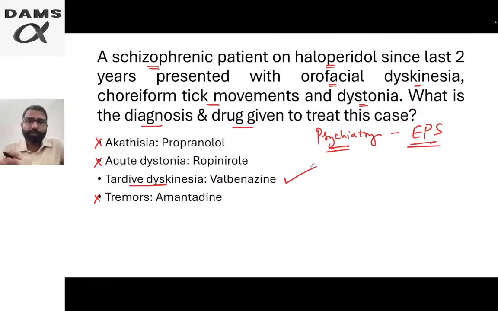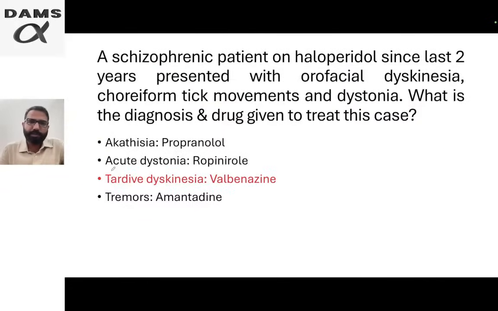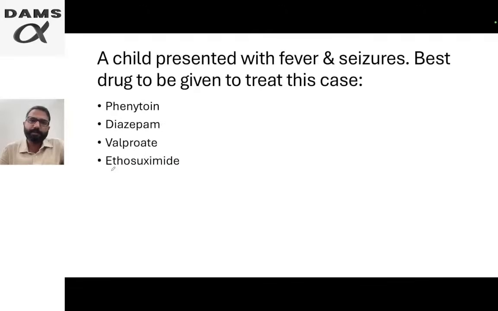If you know the drug, have studied other subjects and know the integration approach, then definitely all the questions were very easy. But it was not very easy because integration was there, so you should know the other subjects as well. We have discussed this many times in the class. These are the extrapyramidal symptoms and the best drug, already discussed in the classes. Okay, let's see the next question.